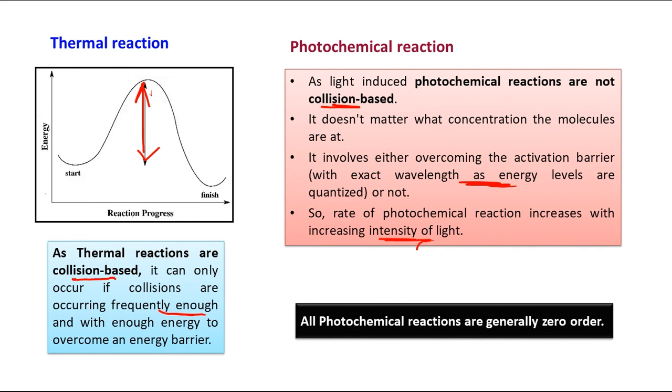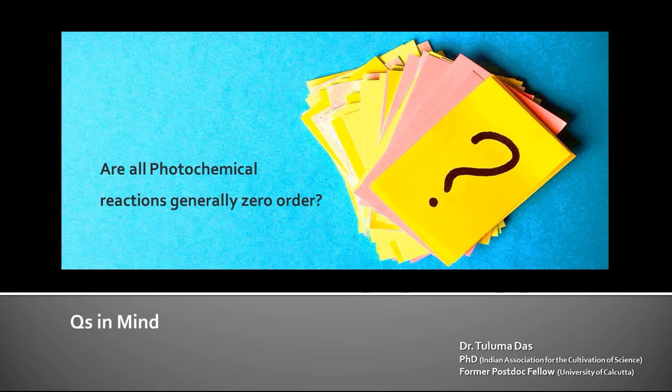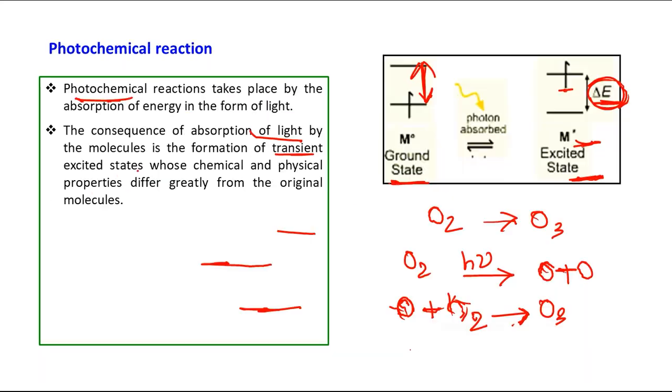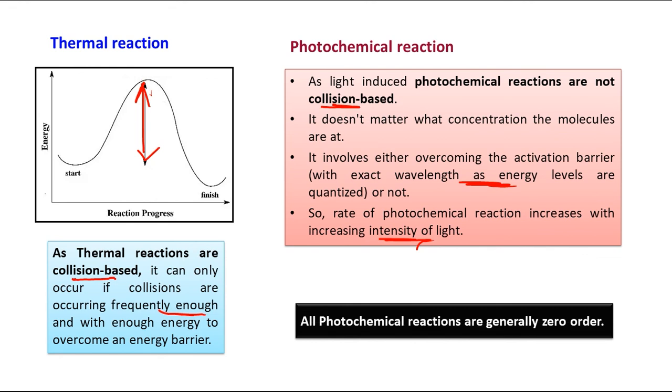Because remember, in the case of zero order, we mentioned that the rate of reaction is constant and independent of the concentration of the reacting substance, in this black colored box. Now if this is the case, obviously photochemical reactions, not being dependent on the concentration of molecules, are generally zero order.